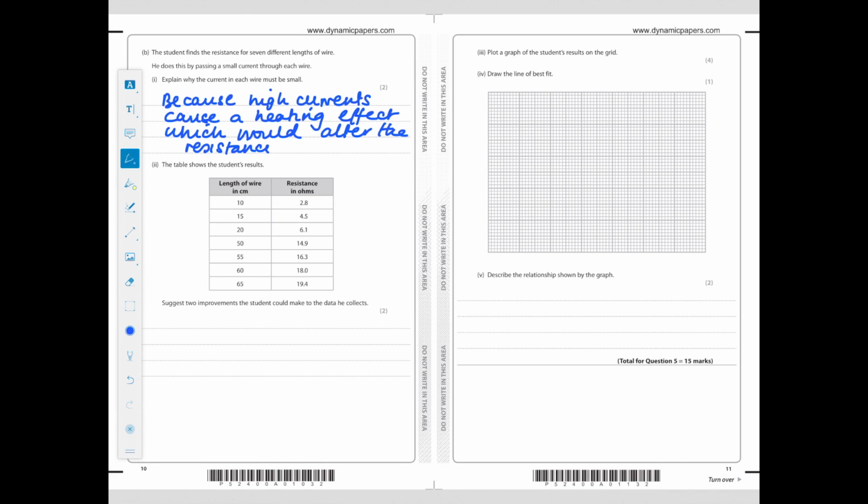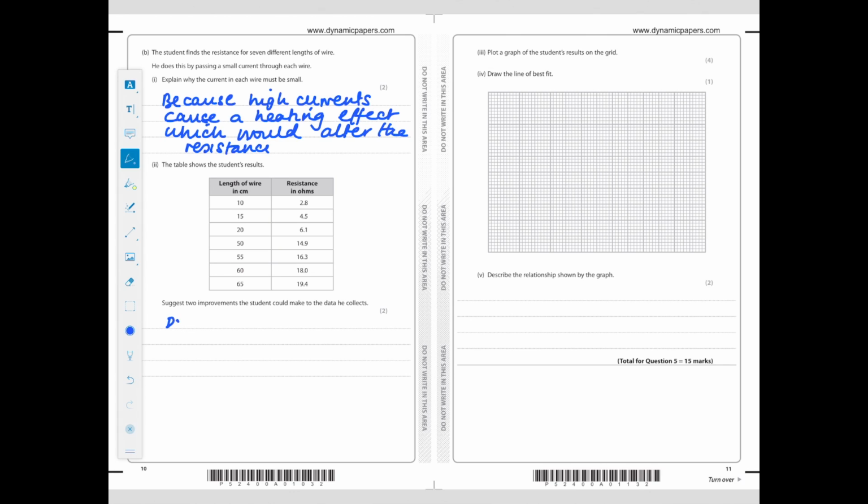The table shows the student's results. Suggest 2 improvements the student can make to the data he collects. So let's have a look, and we can see we've got various lengths of wire, 10 centimetres, 15, 20, and then for some random reason it jumps to 50, 55, 60, 65. So that's pretty dodgy, so you want to say that you want to fill in the gap in results.